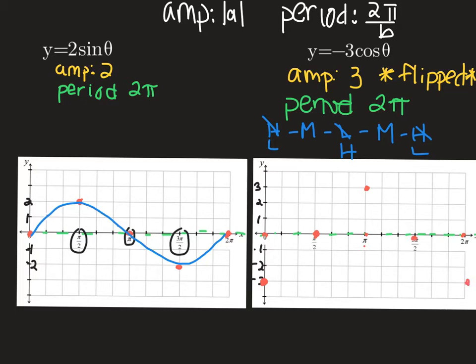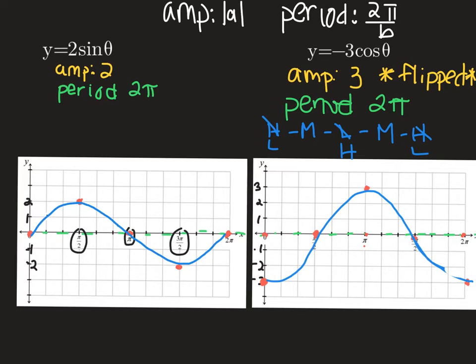Now it is really tempting to make this look like a V, but this is actually a cosine graph, so it needs to have those same curves, similar to the sine curve. It needs to have the same type of curvature to the graph that the sine curve did.